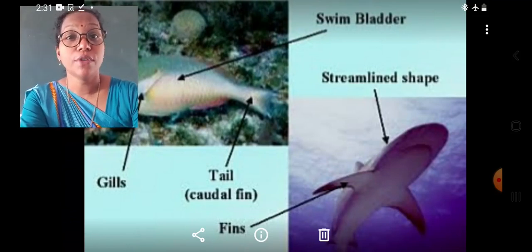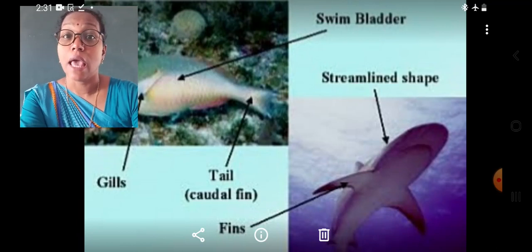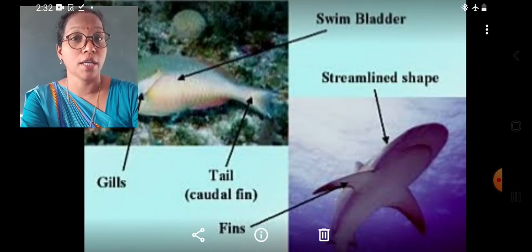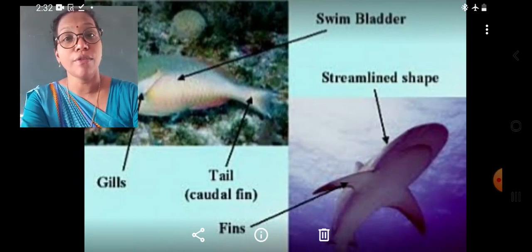The tail of the fish helps to change their direction. In fish, the limbs are converted into fins. The fins help the fish to swim in water. Another adaptation of the fish is the presence of a membrane on their eyes.